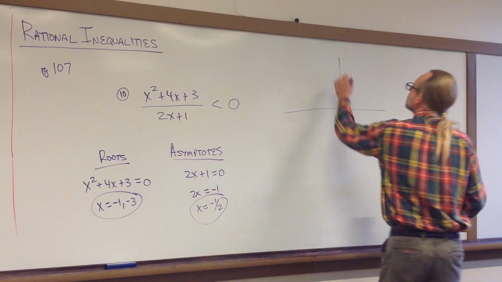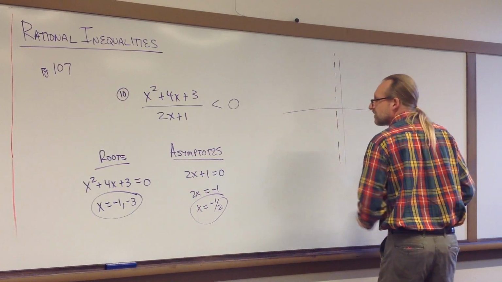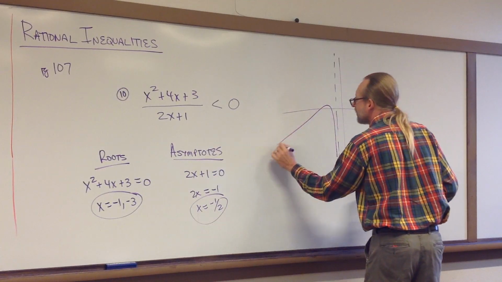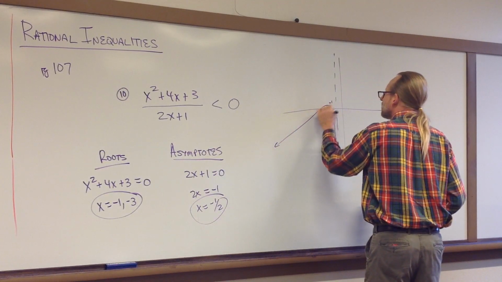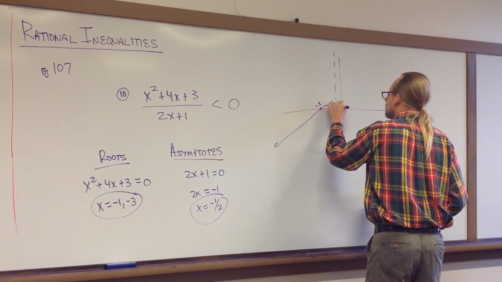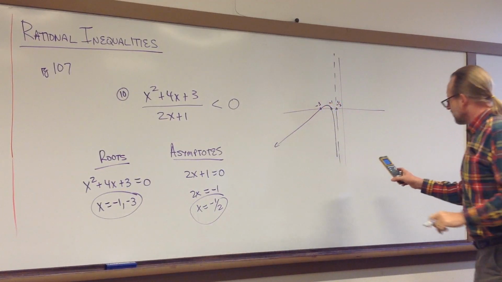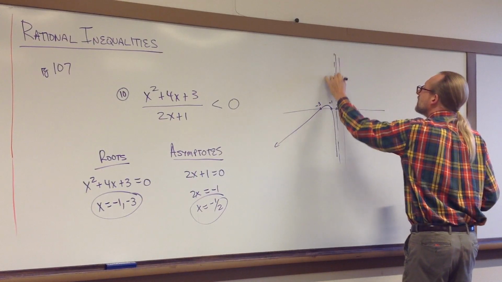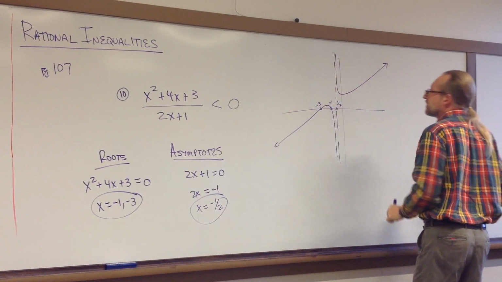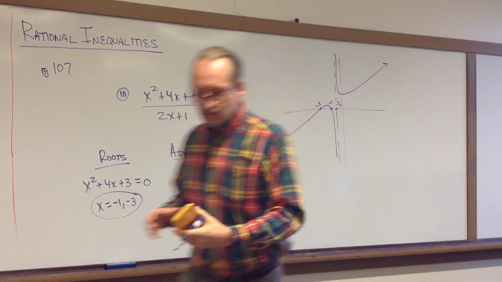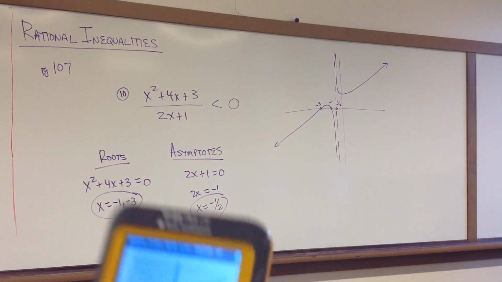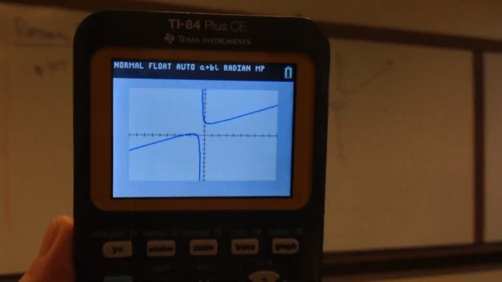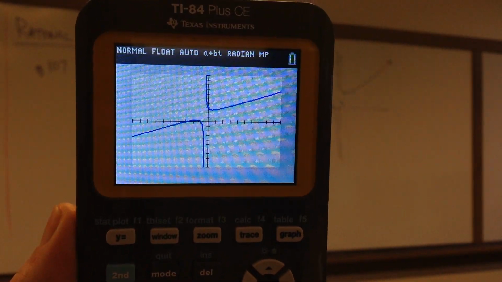So we've got the asymptote at negative 1/2, and then those two roots at negative 1 and negative 3, and then we've got this graph coming down and doing something like that. So there's what it looks like on the graph.